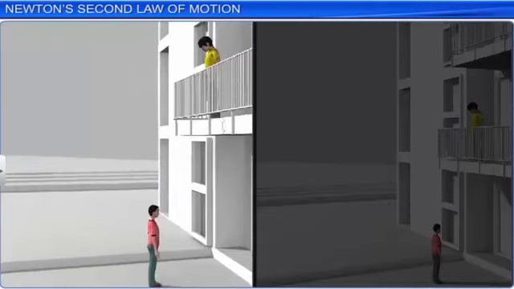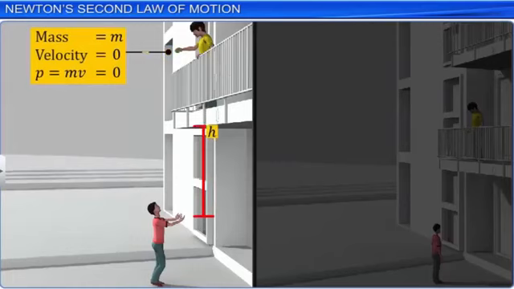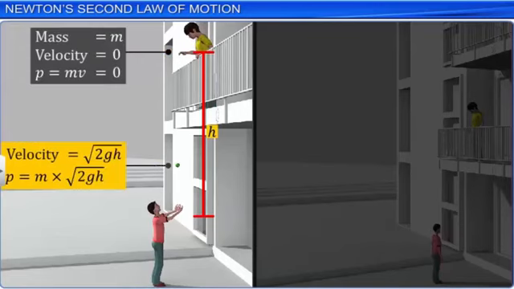A boy standing in a first-floor balcony drops a ball of mass m from a certain height h. As the ball goes down, it gains some velocity and hence acquires a certain momentum.